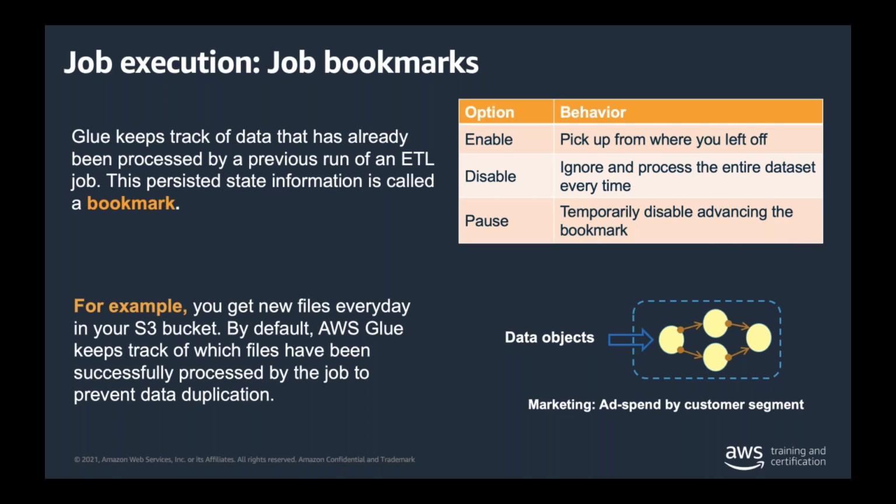For example, let's say that you have an ETL job that reads new partitions in an Amazon S3 file. Glue will track which partitions the job has processed successfully in order to prevent duplicate processing and duplicated data in the job's target data store in case the job is running on a recurring scheduled interval.